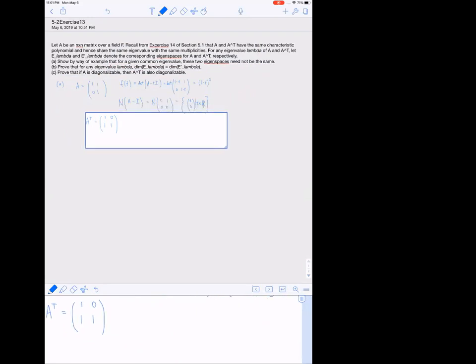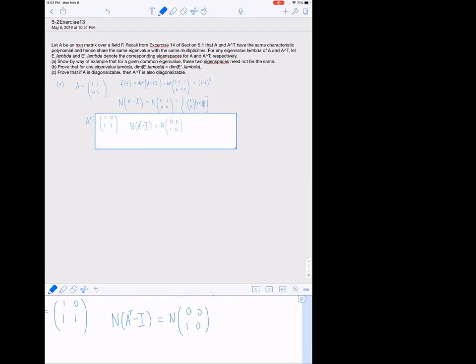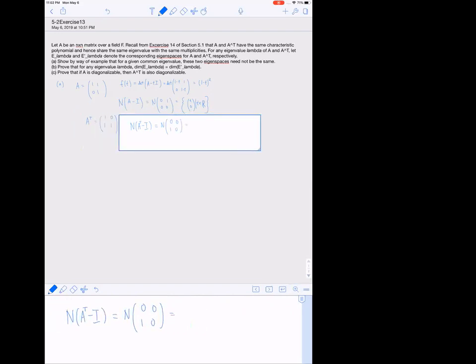But now the eigenvectors will be the null space of A transpose minus that same identity. So that will be the null space of 0, 0, 1, 0. And we can see pretty quickly that that has the condition that the first coordinate has to be 0, and the second coordinate can be anything that it wants to be.